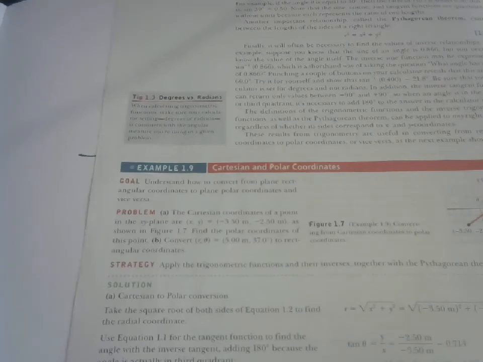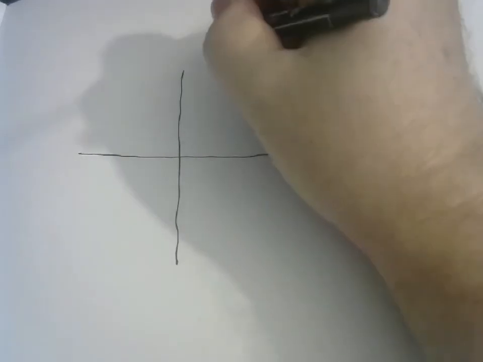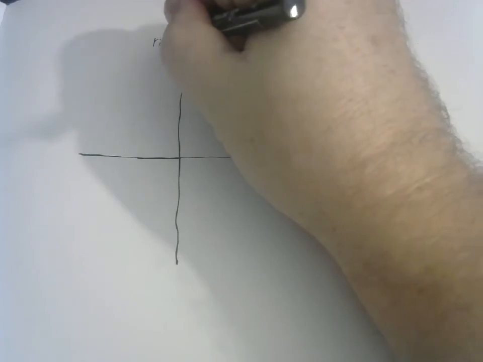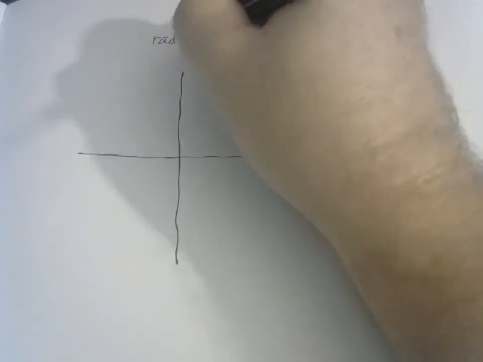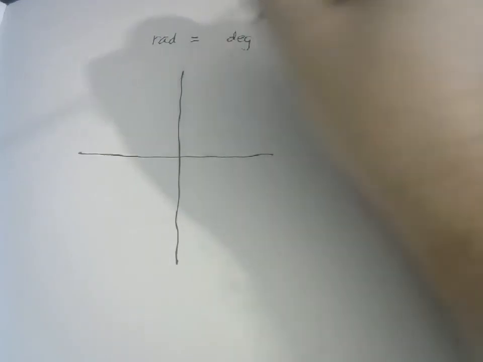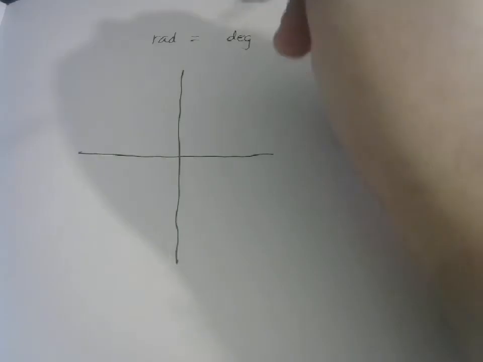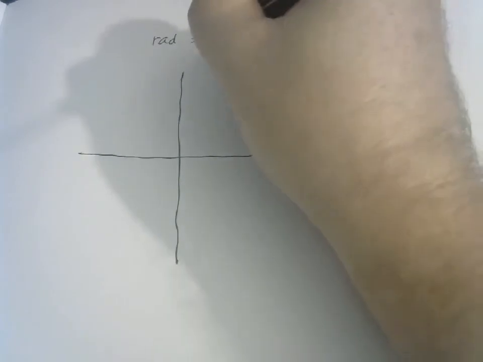There's a mention here about degrees versus radians. Make sure that your calculator is in degrees when you want to use degrees, or in radians if you're using radians. There is another option if you're in a situation where your means of calculating only does radians or only does degrees.